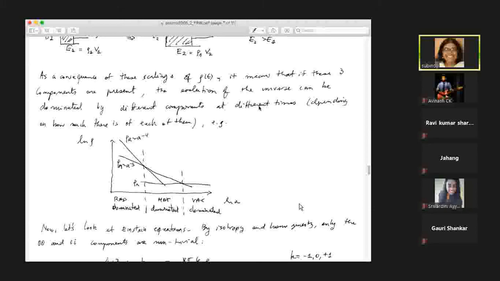Suppose you are in a matter dominated universe, you can neglect dark energy and radiation pretty much, and you get only 1% error, and then it is easier to do the cosmology equations. So with this idea, today we'll derive the epoch of matter radiation equality, and how the scale factor expansion happens in different epochs of the universe. All these things we will derive now.